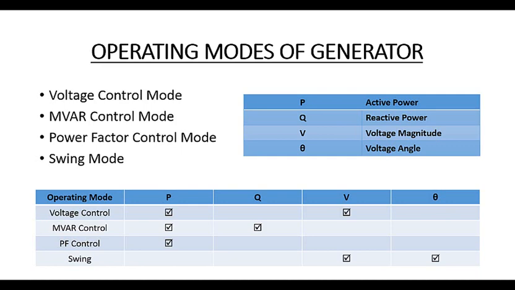The swing generator has the AVR as well as the governor installed in the generator, so that any change in the frequency leads to a change in the output active power, and any change in the voltage level leads to a change in the output reactive power of the generator.